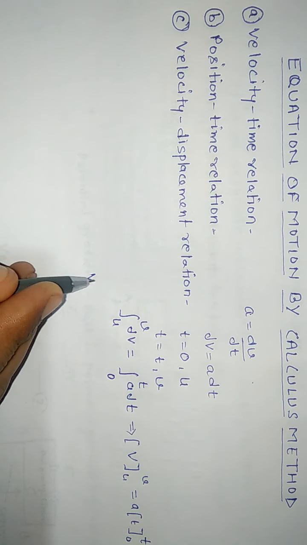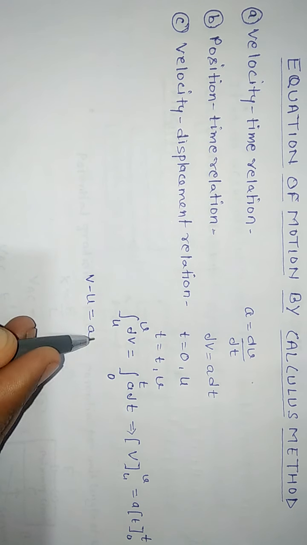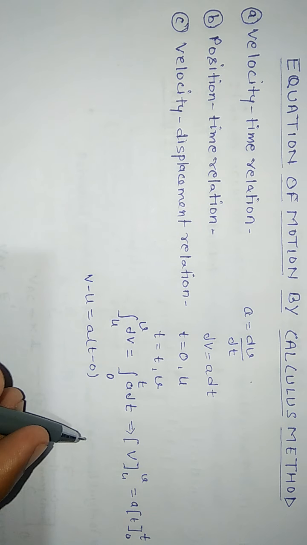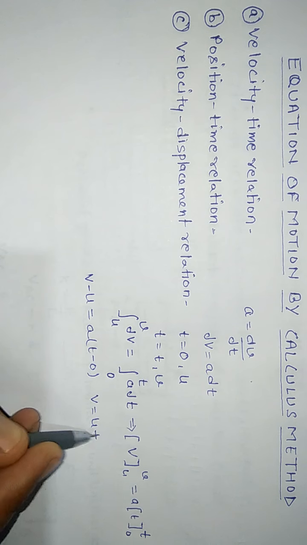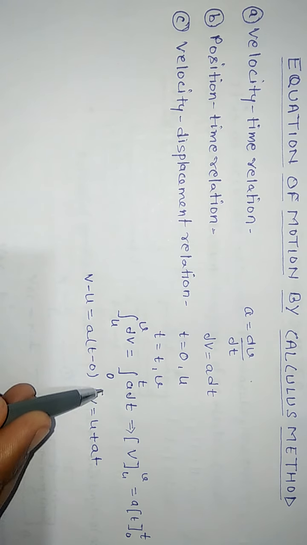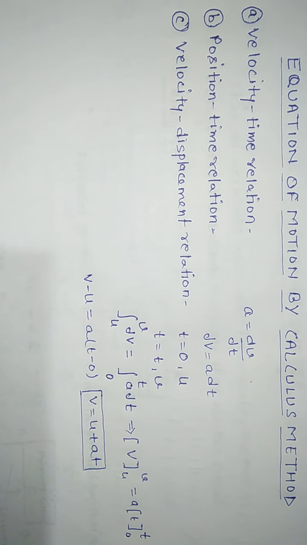So we will get v minus u is equals to a into t minus 0, or v is equals to u plus a t. This is our first equation of motion by calculus method.